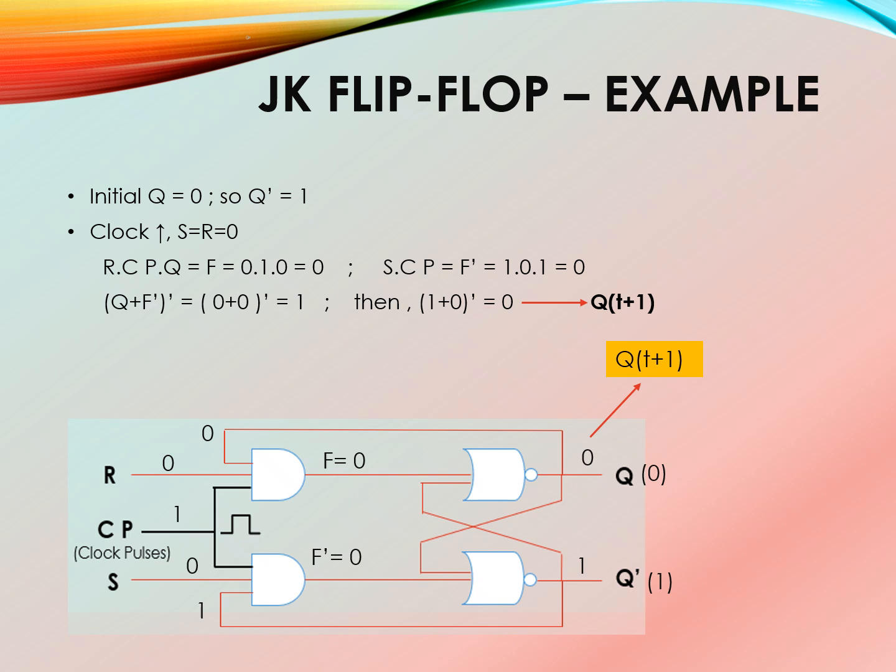In the NOR gates, Q equal to 0, so 0 and 0 for the NOR gate will be 1, which remains in Q prime. From the Q prime of 1, 1 NOR 0 will be 0, which remains in the next state Q(t+1).